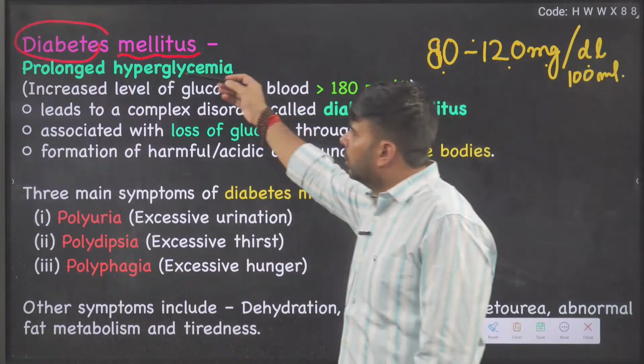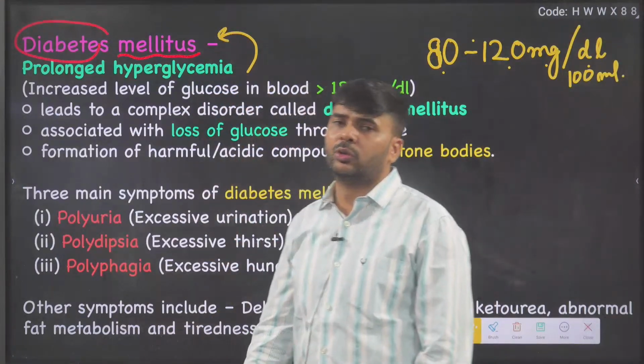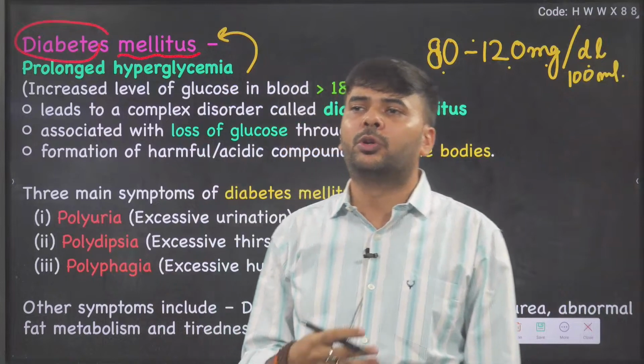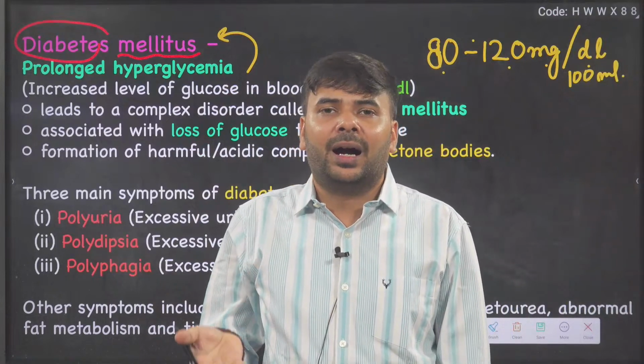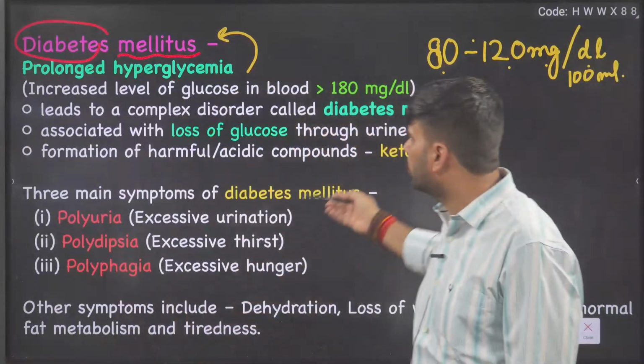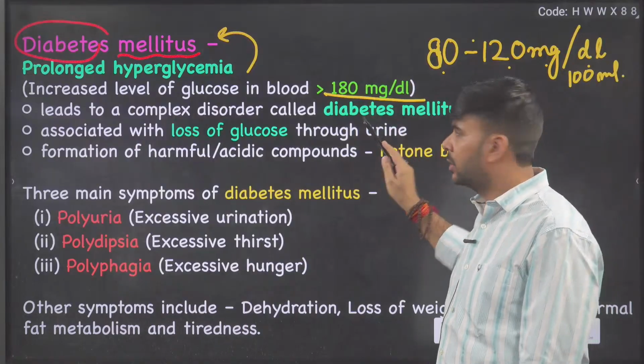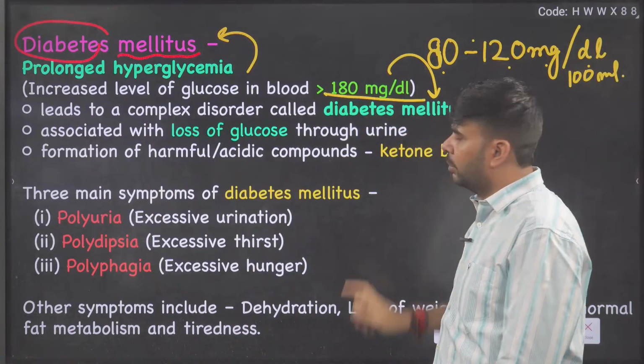Then go to prolonged hyperglycemia. We are discussing diabetes. Those who are diabetic patients suffer from prolonged, long duration hyperglycemia, more glucose in their body, meaning more than 180 mg per deciliter. This condition is called diabetes mellitus.